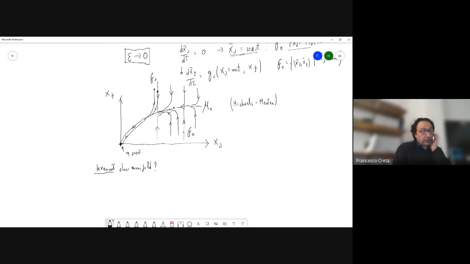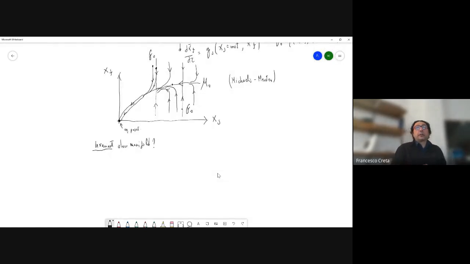Well, it turns out there is a very nice theorem that, of course, I'm not going to prove, neither cite rigorously, again, due to the guy that we cited last time, Fenichel, in 1979, okay? The theory is called geometric singular perturbation theory. Okay, so SP stands for singular perturbation.